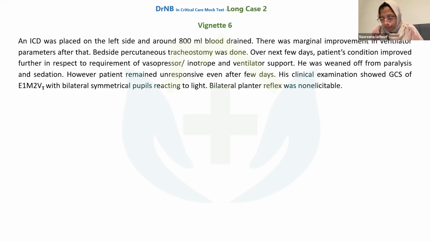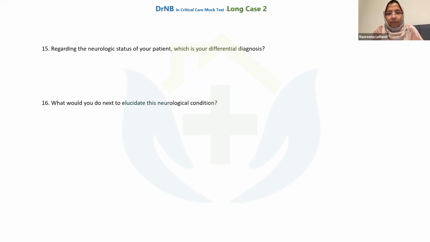These are the possibilities. Stroke, okay, it can be bleeding. So, what will you do next to elucidate the neurological condition? I will get an EEG done, a metabolic profile, sodium, glucose, ammonia level, and I will get a CT brain or an MRI brain to look for the cause.